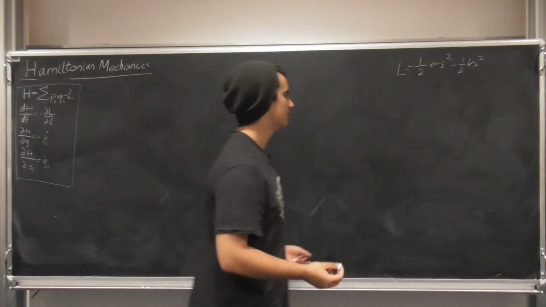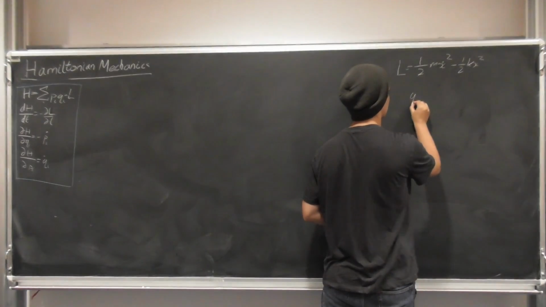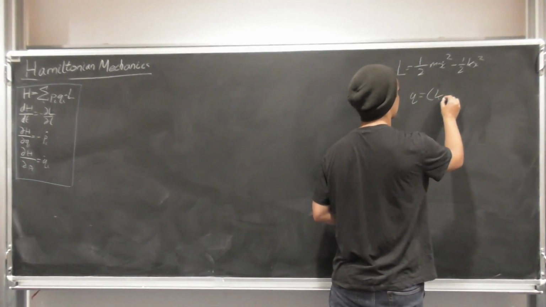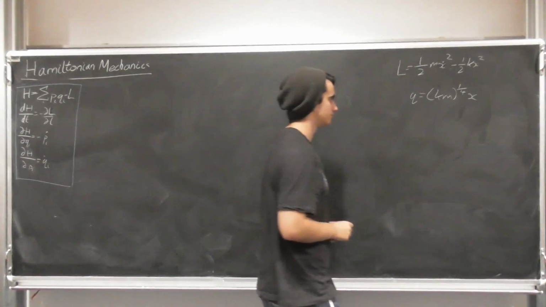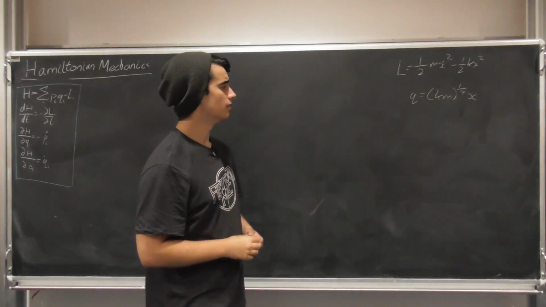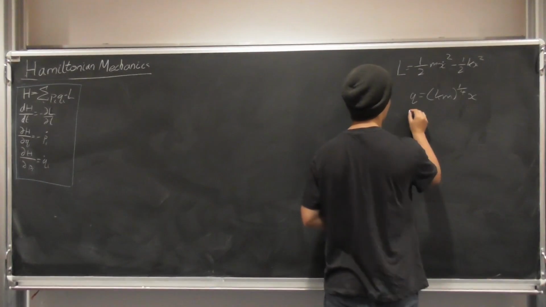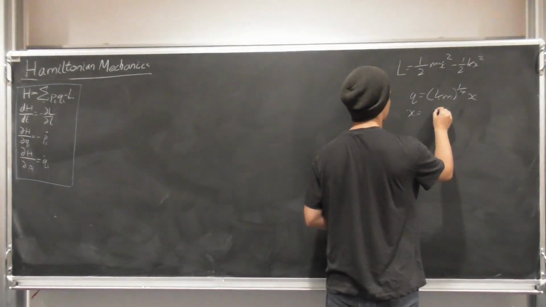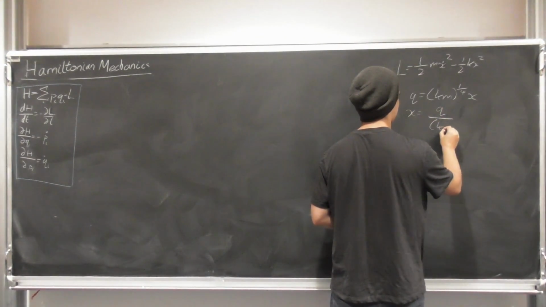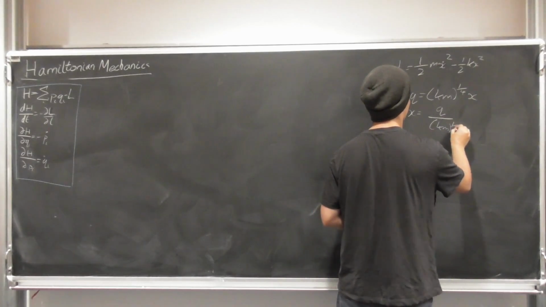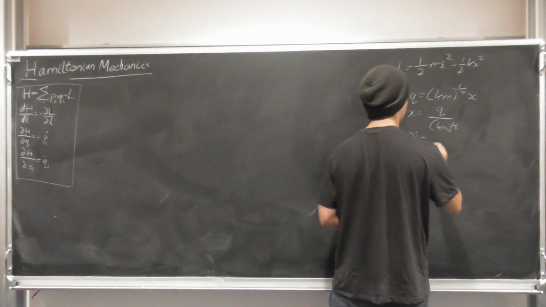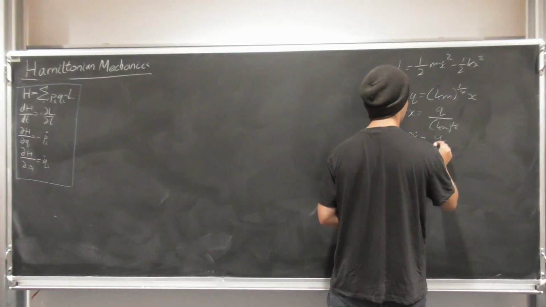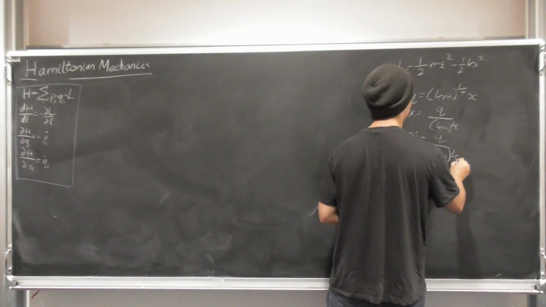So let's say q equals (km) to the 1/4 power times x. Okay, right. So this means that, therefore, x will be equal to q over (km) to the 1/4 power. And so x dot will be equal to q dot over (km) to the 1/4 power.